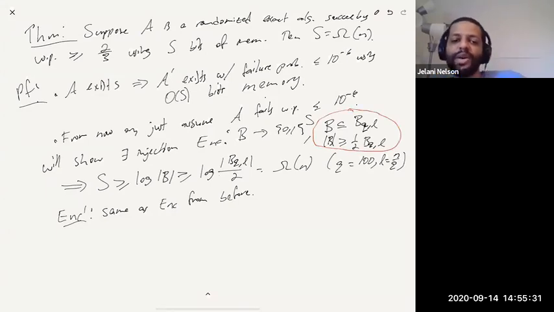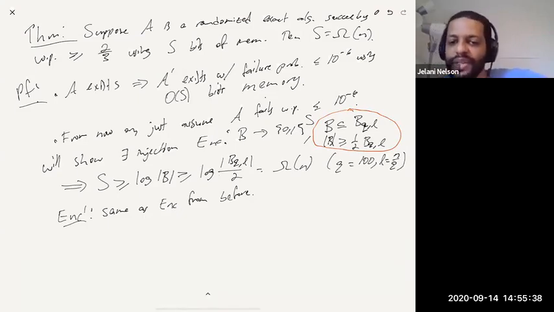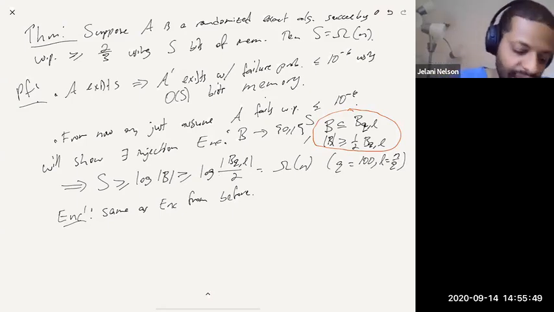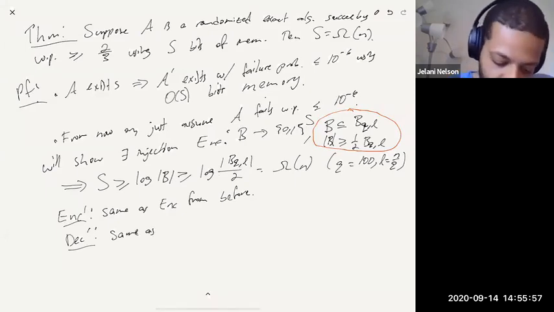Why don't I just have my injection be from the entire BQL? It's because, yes, enc prime will end up working on the entire BQL, but I need to somehow extract the deterministic function, and I will be able to do it for a very large subset of BQL. And dec prime will be the same as for the deterministic exact lower bound.